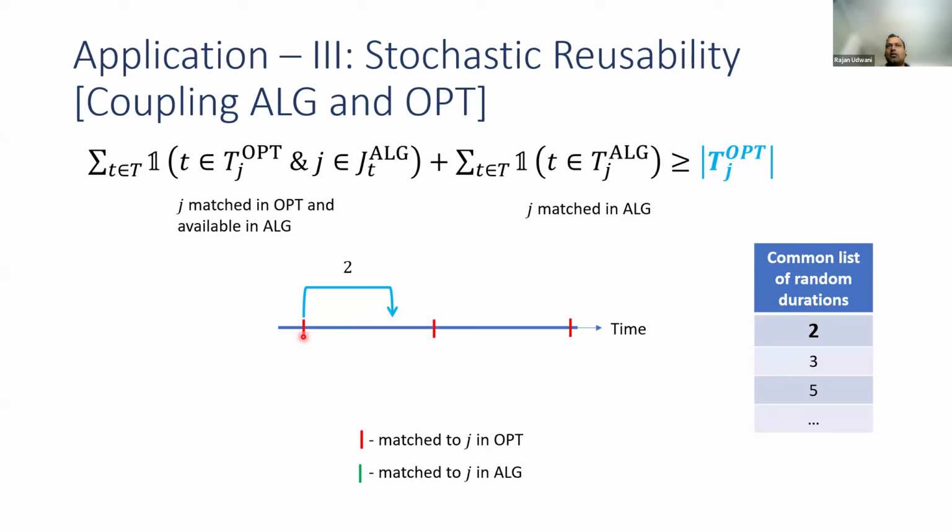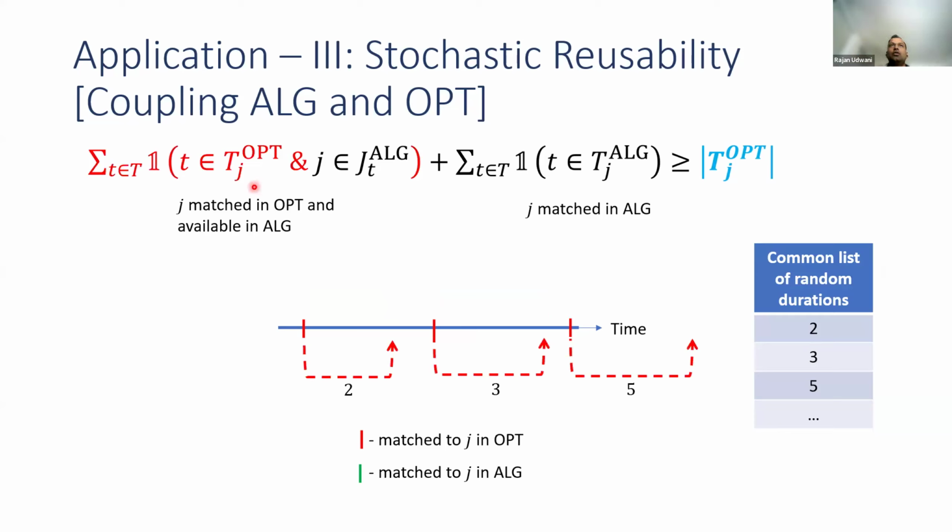So it matches to this arrival. I draw the first sample from the list. It's 2. Then it matches to this arrival. I draw the second sample from the list, it's 3, and then to the final arrival, it's 5. So in this simple instance, this T opt is just 3. I match it 3 times. Okay. So opt will just go down the list one by one.